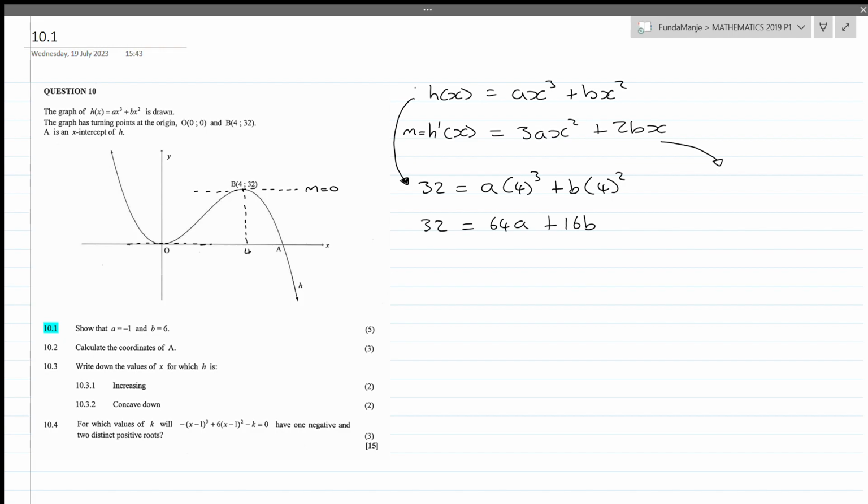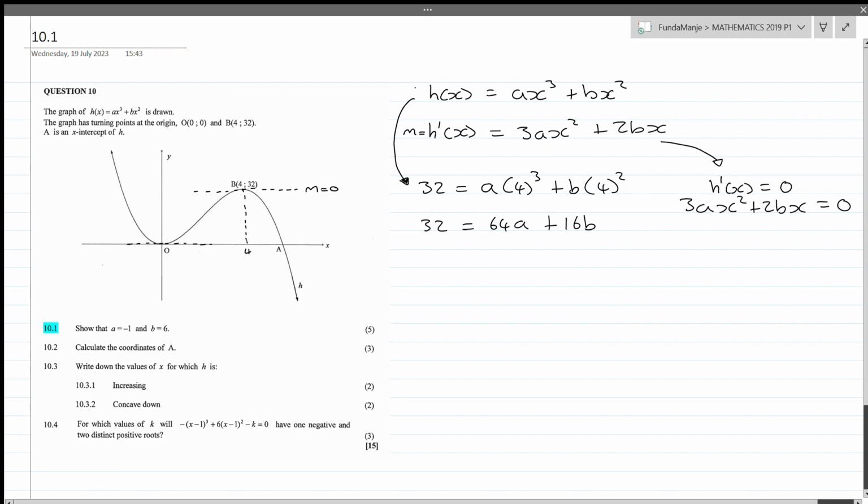So h prime of x is equal to 0, and this is equal to 3ax squared plus 2bx, and it's 0 when x is equal to 4, so I can substitute 4 into x.